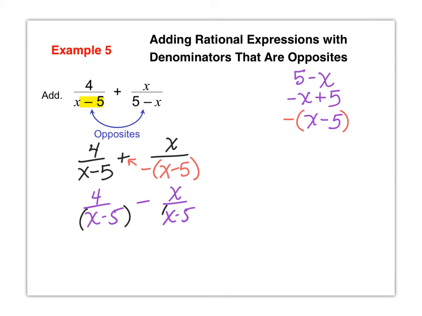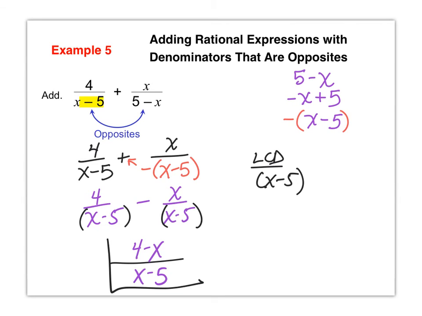Now, looking at it this way, we already have a least common denominator, x minus 5, so we can combine the numerators. In the numerator, we're going to have 4 minus x, and the denominator would be our LCD of x minus 5. That would be our final answer, simplified.